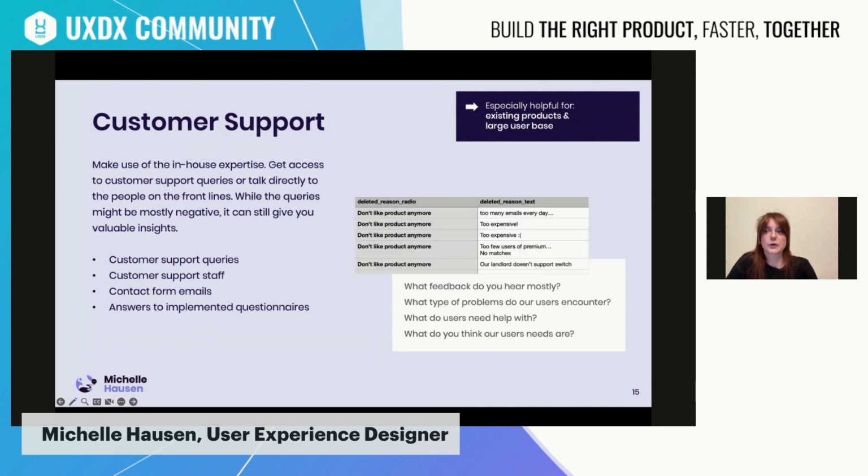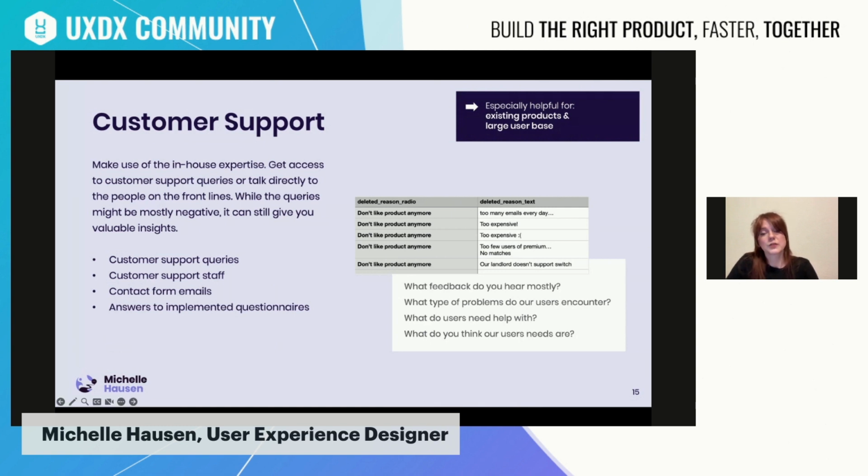And as mentioned before, one of the housing clients I was working for had this survey when people deleted their accounts, and they asked them why they were deleting the account. And we had a bunch of responses for that. And a few of them stated that they just get too many emails every day, which of course should be an easy fix. Just do something about your email strategy and make sure you let your users know how many emails they're going to receive from you.